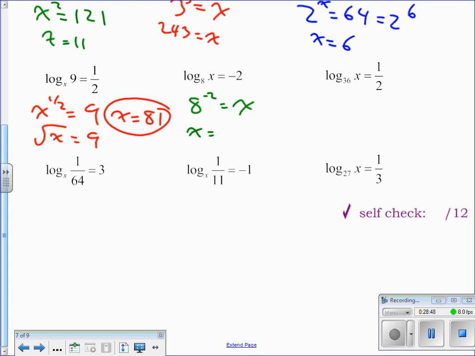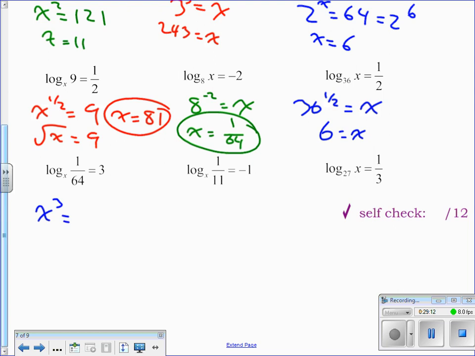So x equals 1 over 64. 36 to the 1/2 power is equal to x. 1/2 power is square root. Square root of 36 is 6. X equals 6.